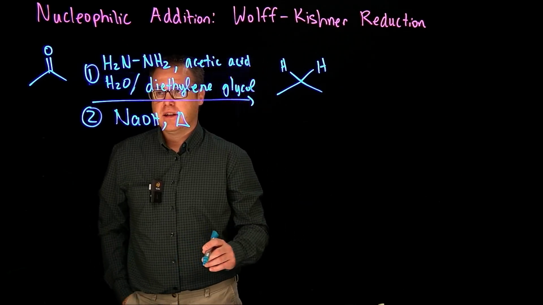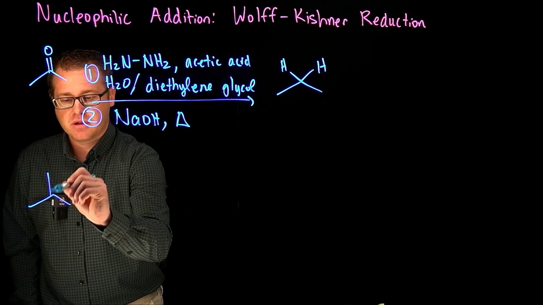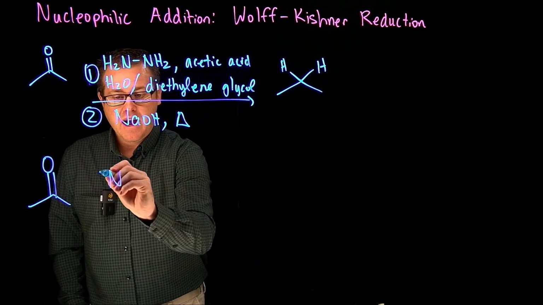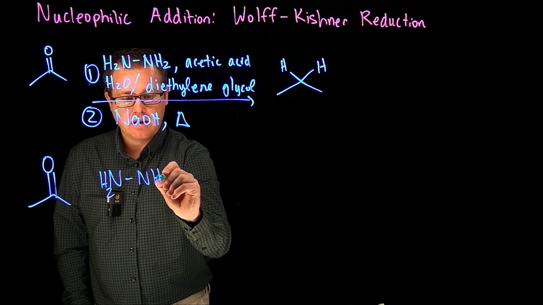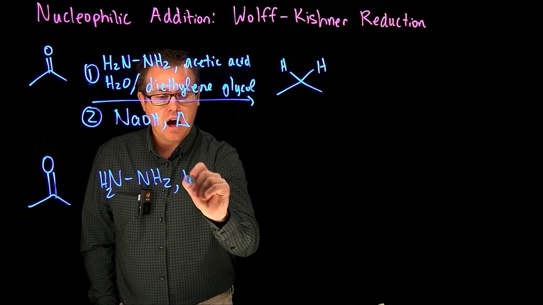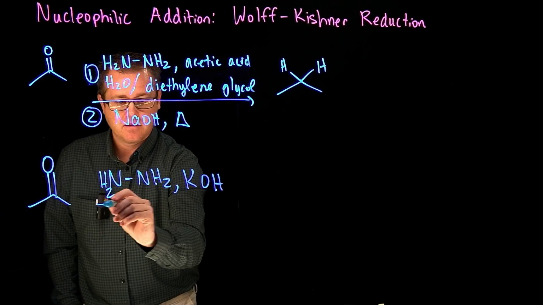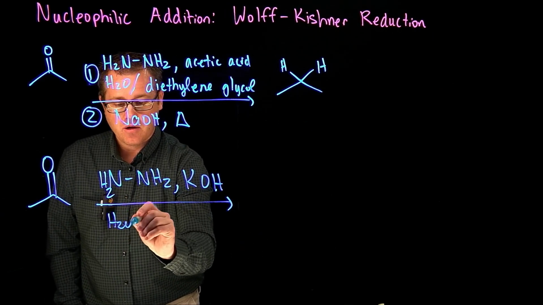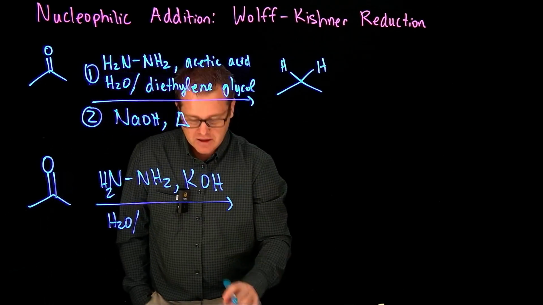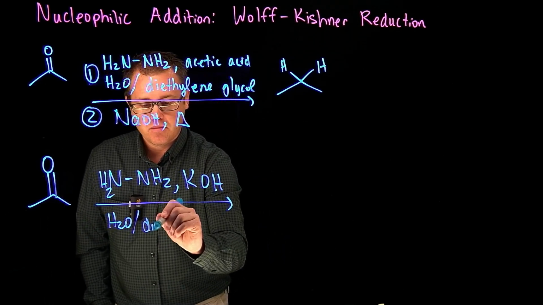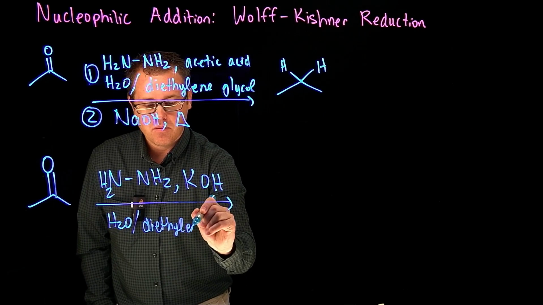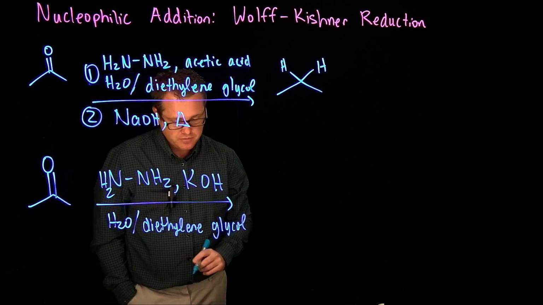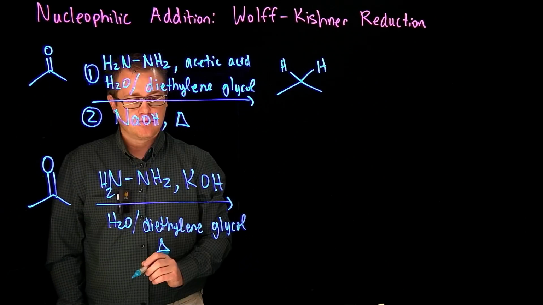And then the other conditions that you could use, I'll just show you that right now, where you could take just hydrazine, okay, under basic conditions, and then you have your water mixture with your diethylene glycol, and some heat.